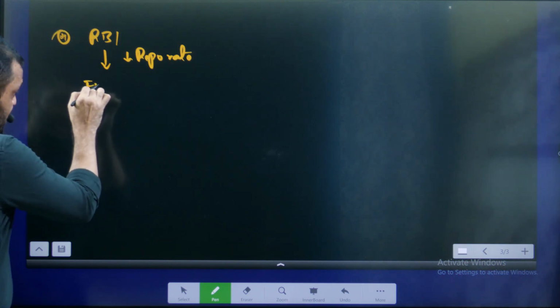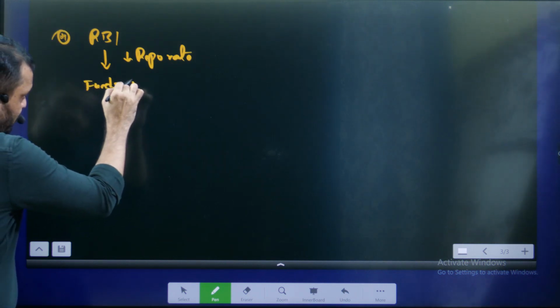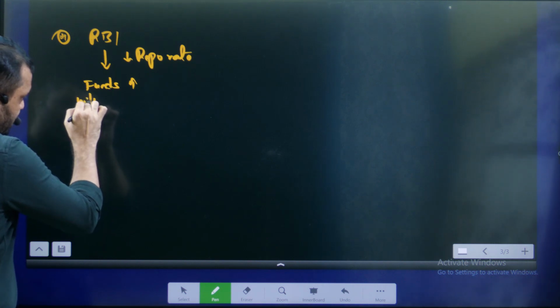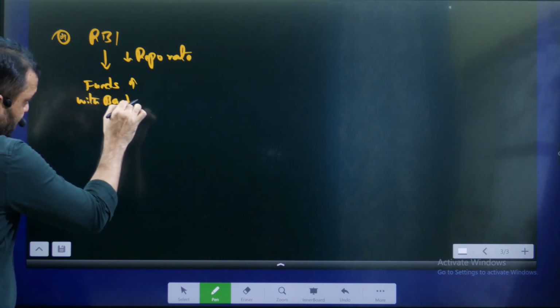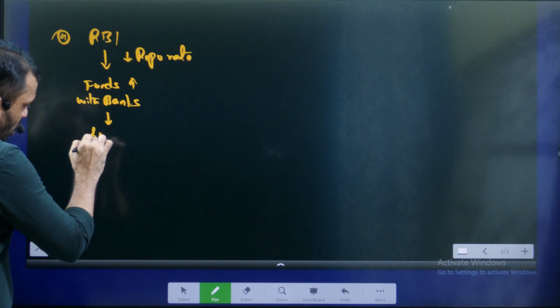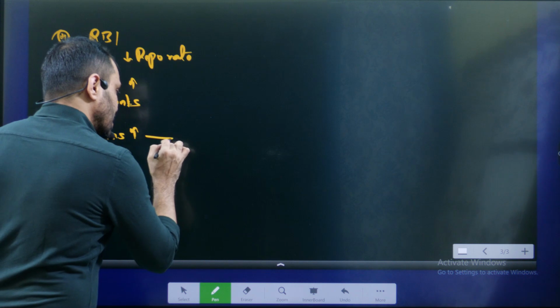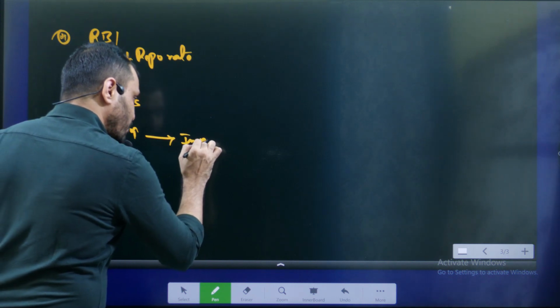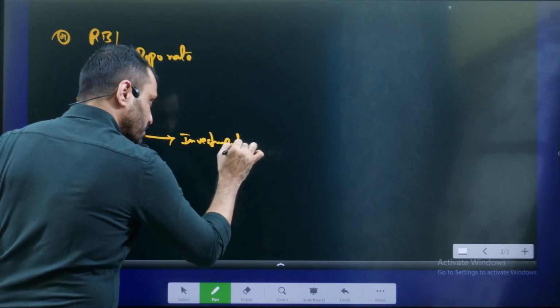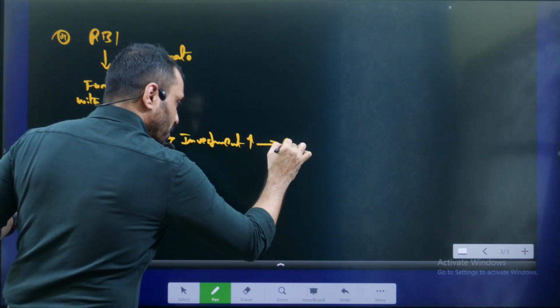That means funds with banks will increase. When funds with banks are increasing, then obviously loans will increase. When loans are increasing, this leads to more investment, and it leads to more employment.